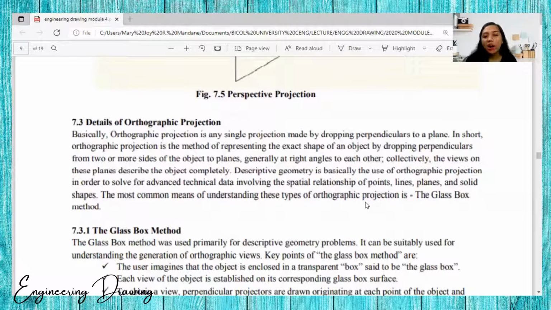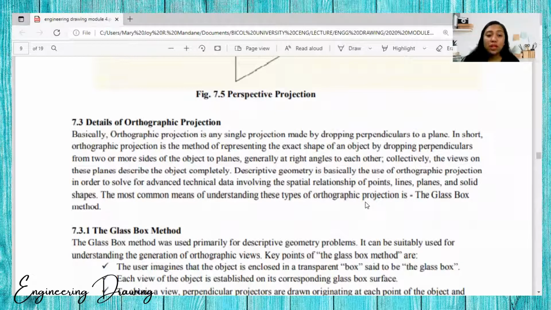So there are details of orthographic projections that we need to learn. Basically, the orthographic projection is any single projection made by dropping perpendiculars to a plane. In short, orthographic projection is the method of representing the exact shape of an object by dropping perpendiculars from two or more sides of the object to planes, generally at right angles to each other.